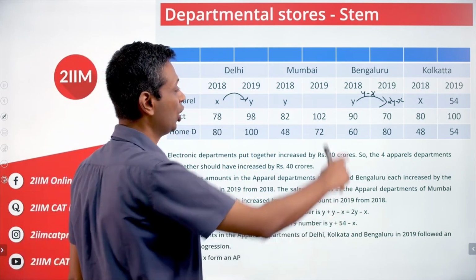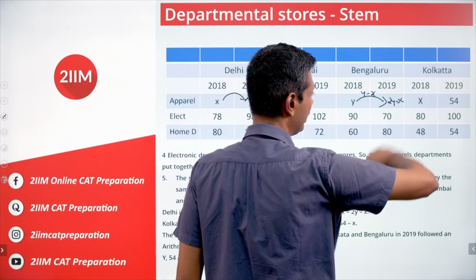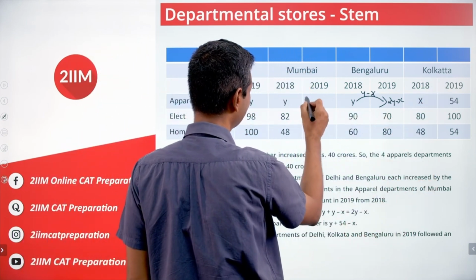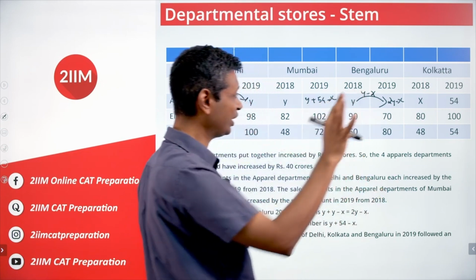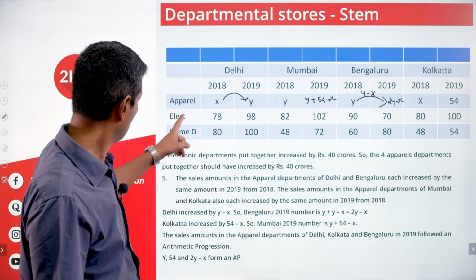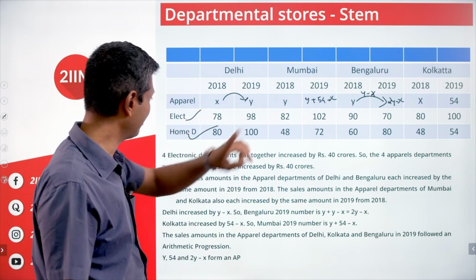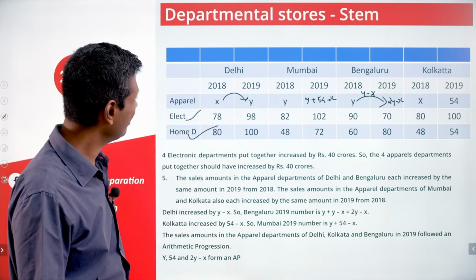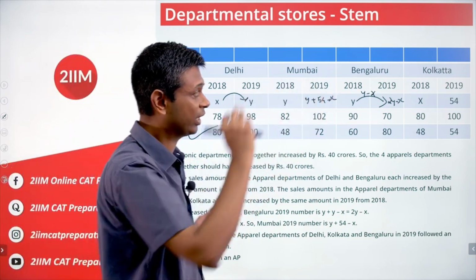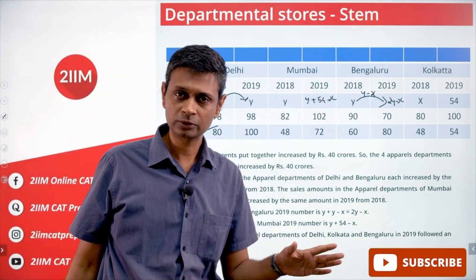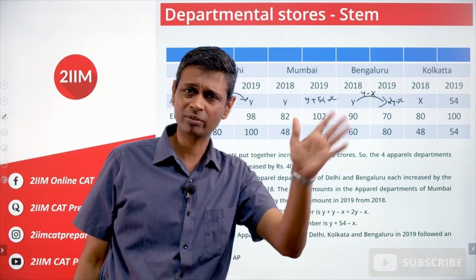Kolkata is X to 54, increased by 54 minus X. Add this, Y plus 54 minus X. We've got everything. We've got a bunch of numbers filled in. For electronics and home decor, we've got everything filled in. For apparel, we have two variables, X and Y. But you've filled everything based on X and Y. The last one is an actual number. So if you have something linked in X and Y, we're through.